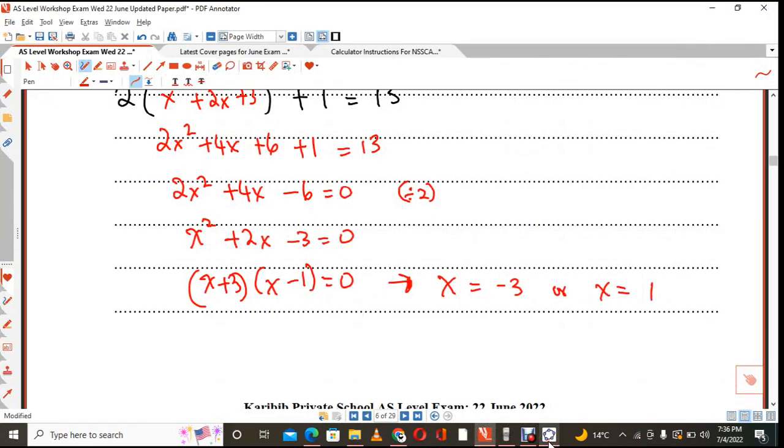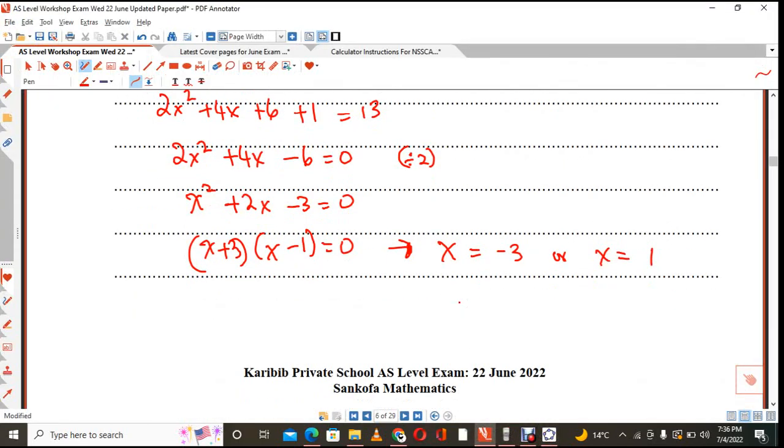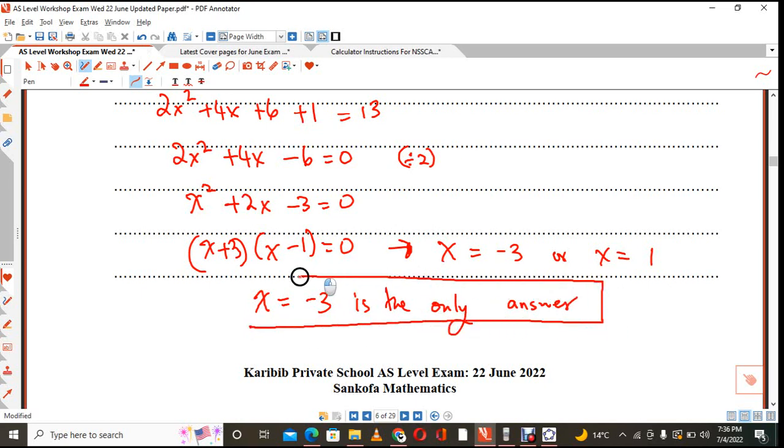So what does it mean then? It means that x equals -3 is the only answer. Very important that you understand.